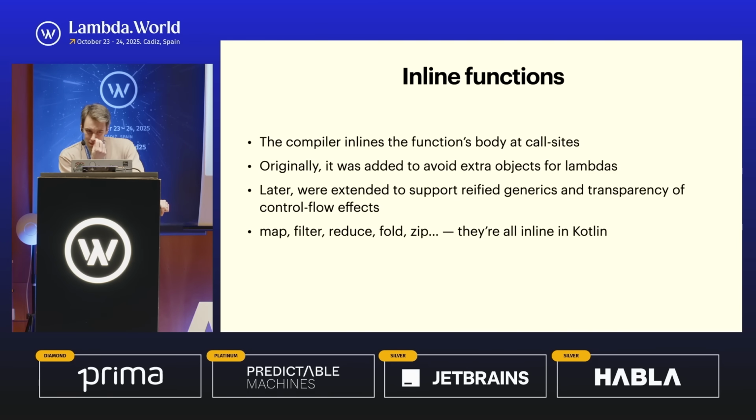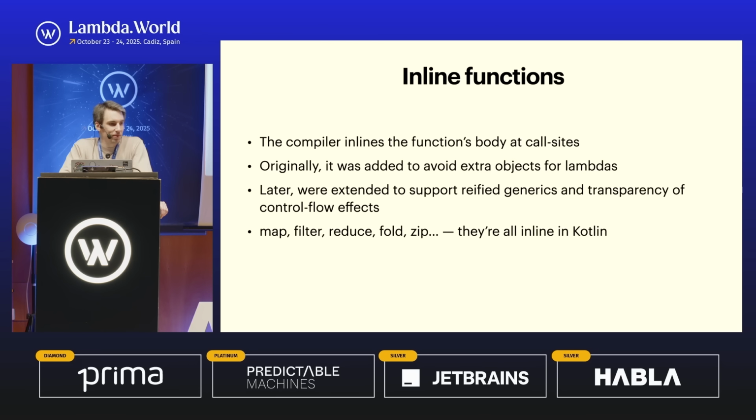So inline functions in Kotlin, from the compiler perspective, just inline the function body at the call site every time. Interesting part here is that originally we added them to Kotlin just to avoid extra allocations of objects for lambdas, because it was like 15 years ago when we were designing this. And at the time, creating an object for each lambda was considered expensive, and this inlining helps to do some runtime optimizations.